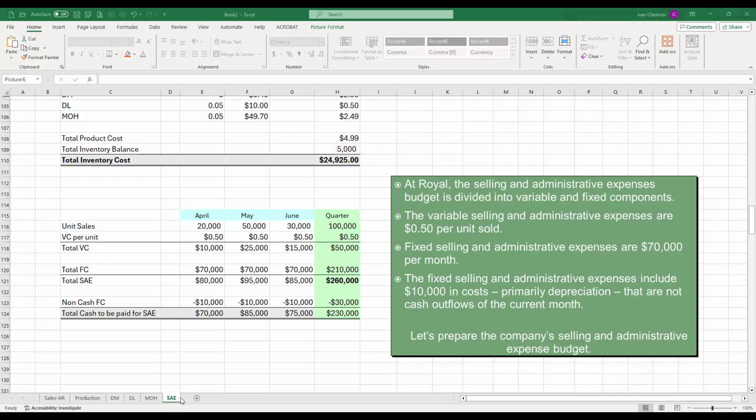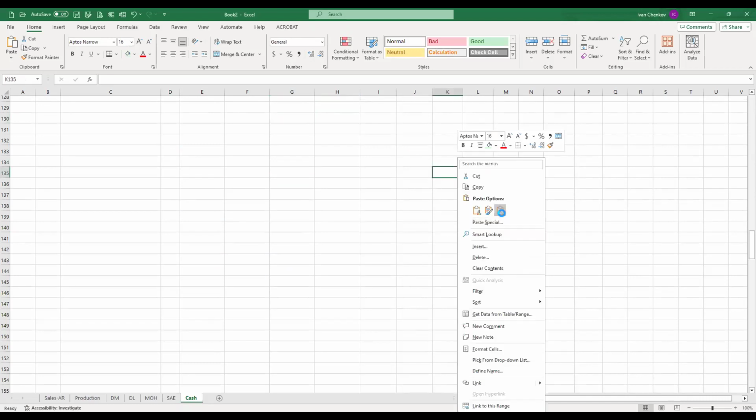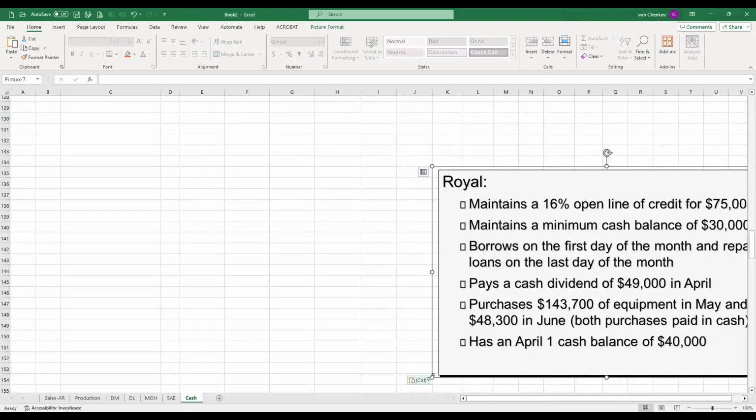We're going to name it cash budget. I'm going to scroll down a little bit and paste this information here.